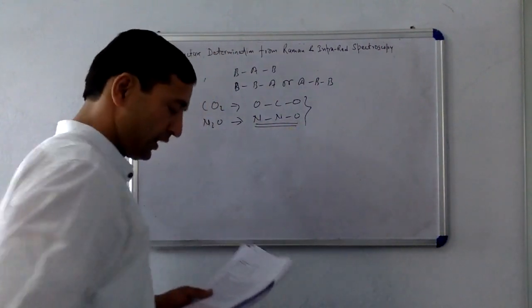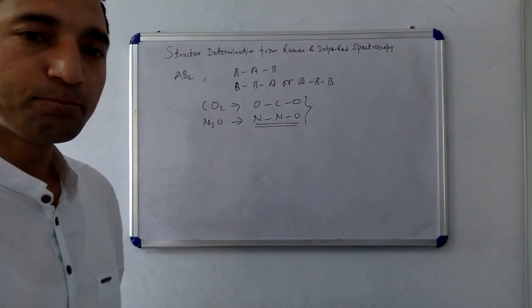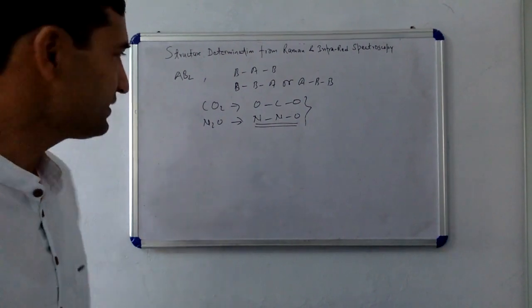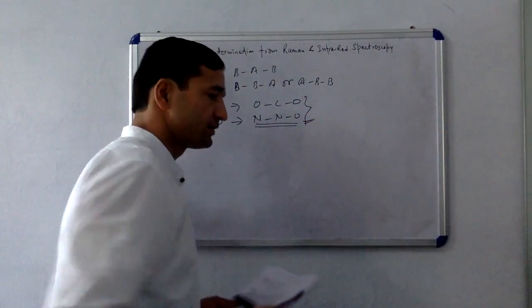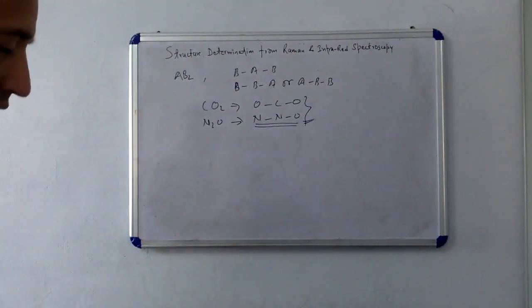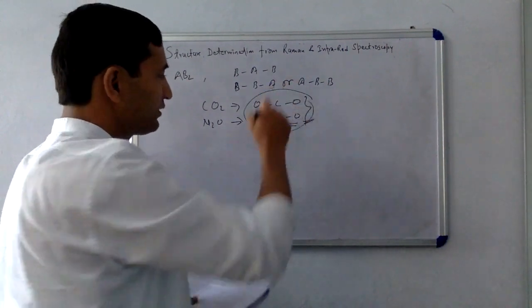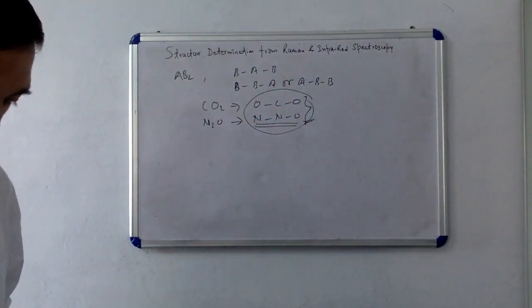Only N2O has bands common to both the infrared and the Raman. It means that this is not a centrosymmetric molecule. So with the help of this method, we can find out the structure of such molecules.